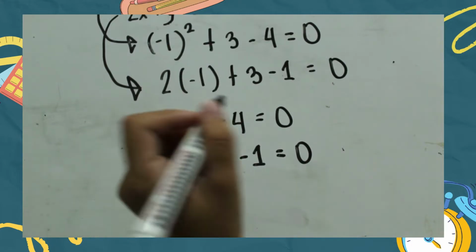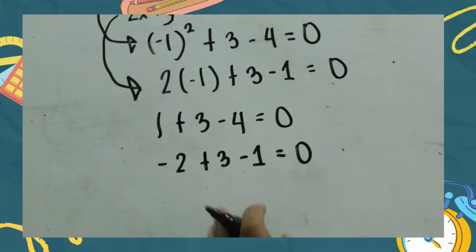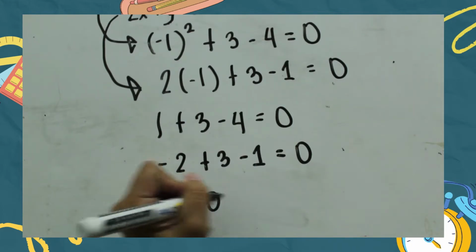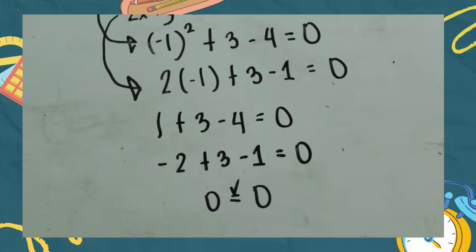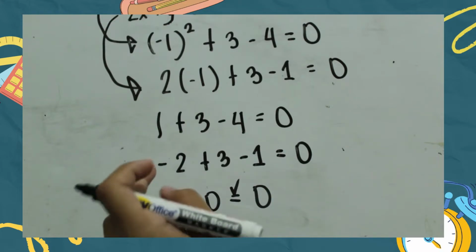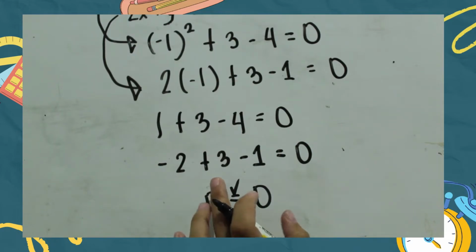Then 1 plus 3 is 4. 4 minus 4 is 0. So our first equation is correct, since 0 is equal to 0. Second one, negative 2 plus 3, that will be positive 1.